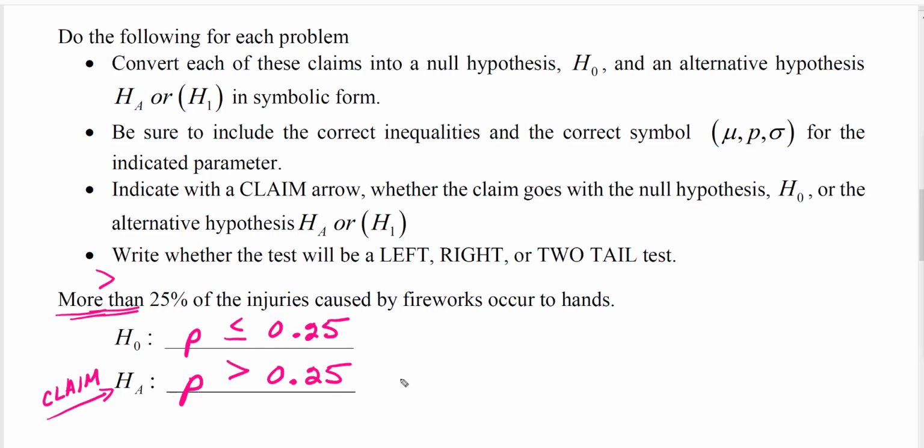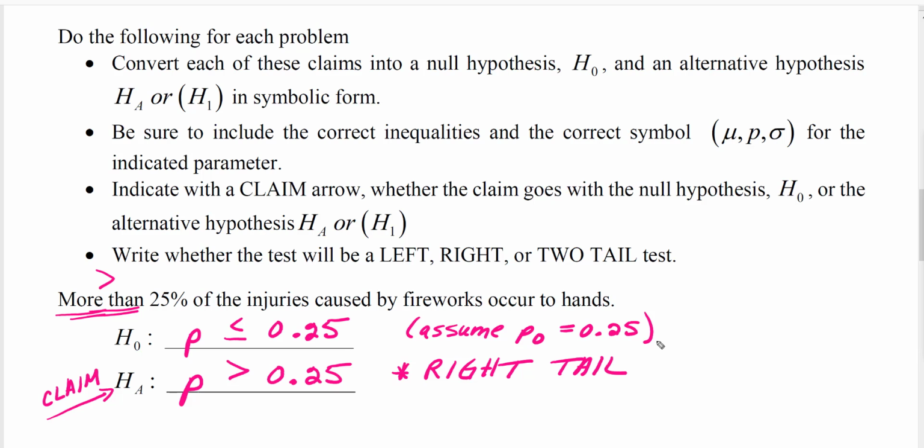Since it is going to be greater than, remember, then this one's going to be a right-tailed test. We also then can assume that P sub 0, our population proportion, is going to equal 0.25. We're going to need that later in our calculations.